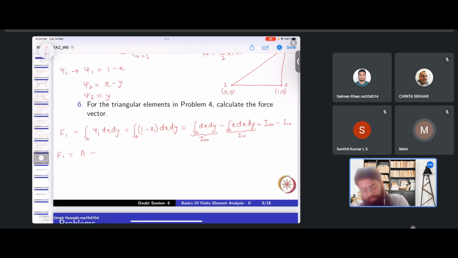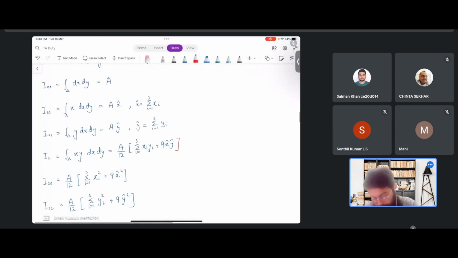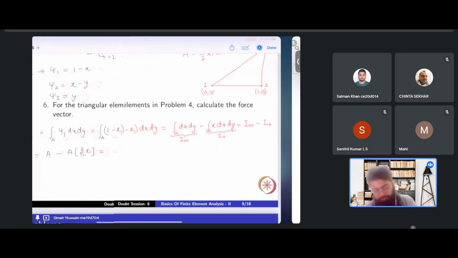Okay, you mean area of triangle times summation of x coordinates basically, isn't it? Let me confirm once. Yeah, thank you so much.